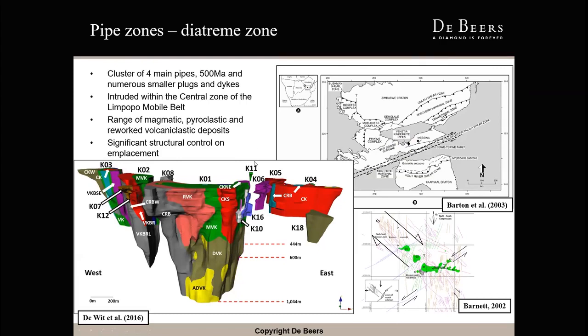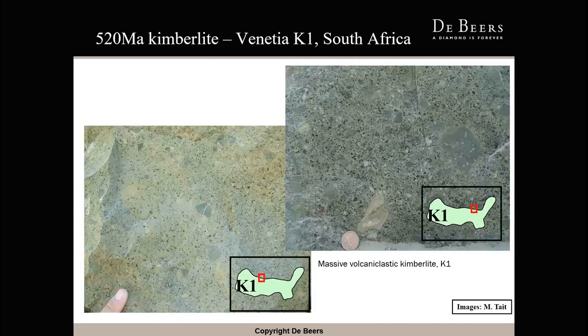These rocks range from purely magmatic through to pyroclastic and also some reworked volcaniclastic material. But the reason for this particular example is to show you the diatreme zone facies, or the rocks which are found in them.